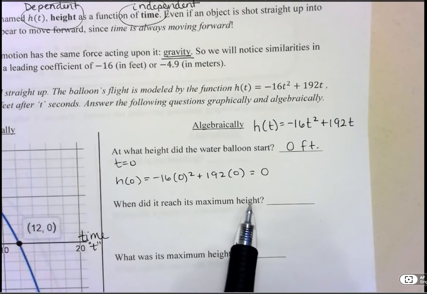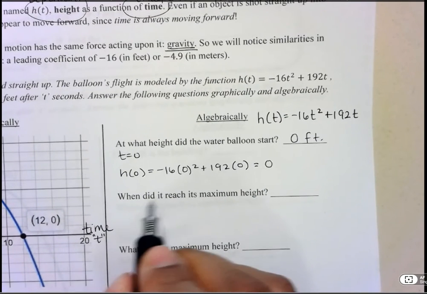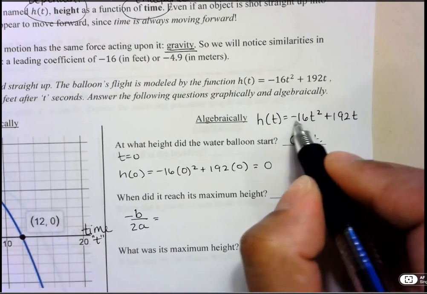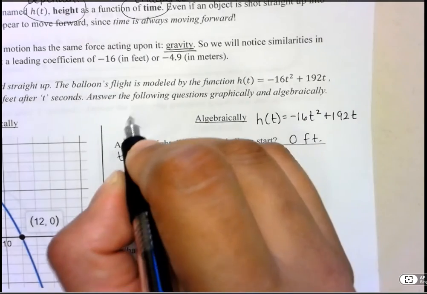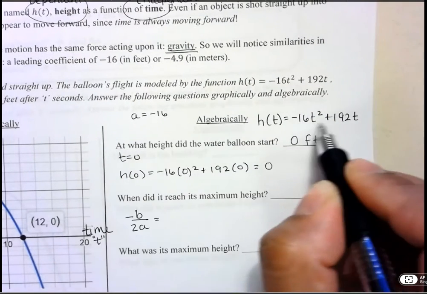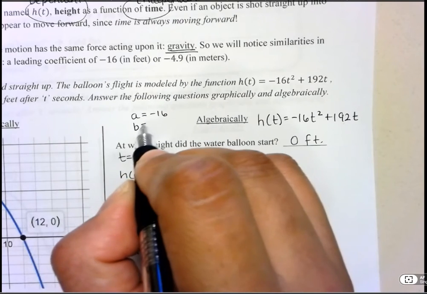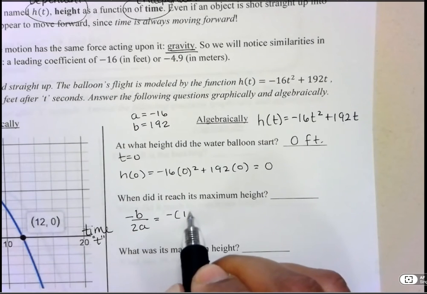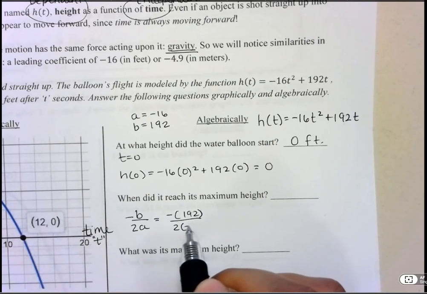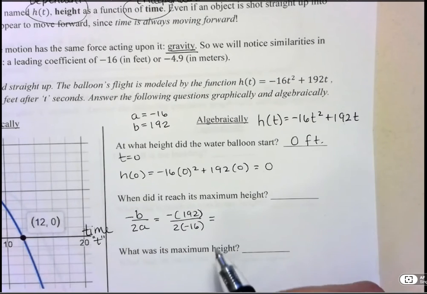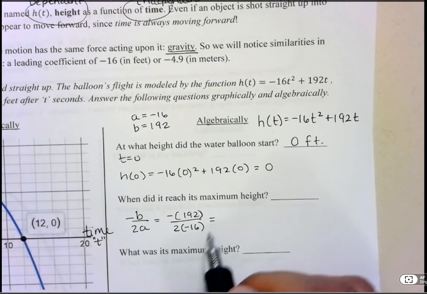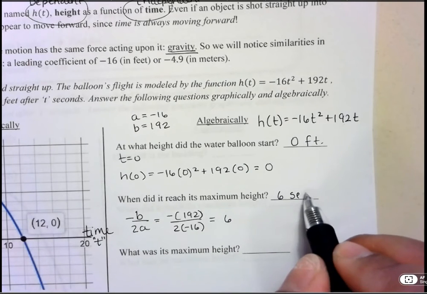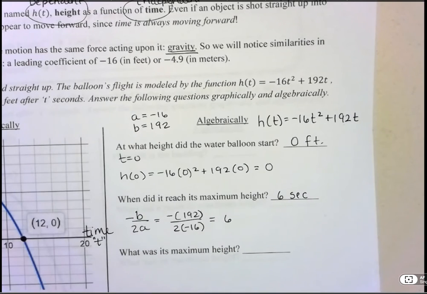When did it reach the maximum height? What they actually want you to find here is negative b over 2a. Since this is the square term, a equals negative 16, and this is your linear term, b equals 192. So this is negative 192 over 2 times negative 16. And you actually get a time of 6. 6 seconds is how long it took to reach the maximum height.